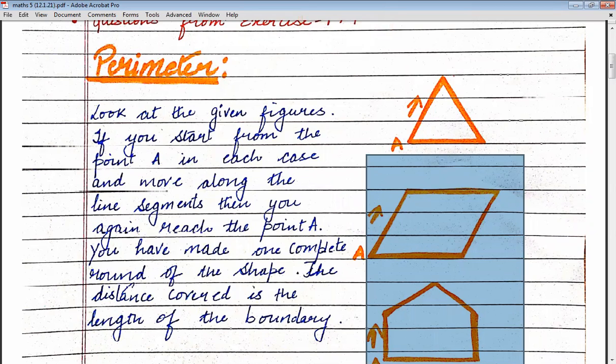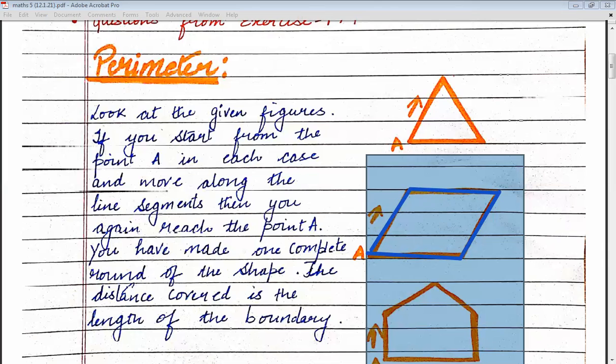If you move around point A, then this way, and at last you will come back to point A. So this is the outer boundary of a quadrilateral. The distance covered, the length of the boundary, is called its perimeter.